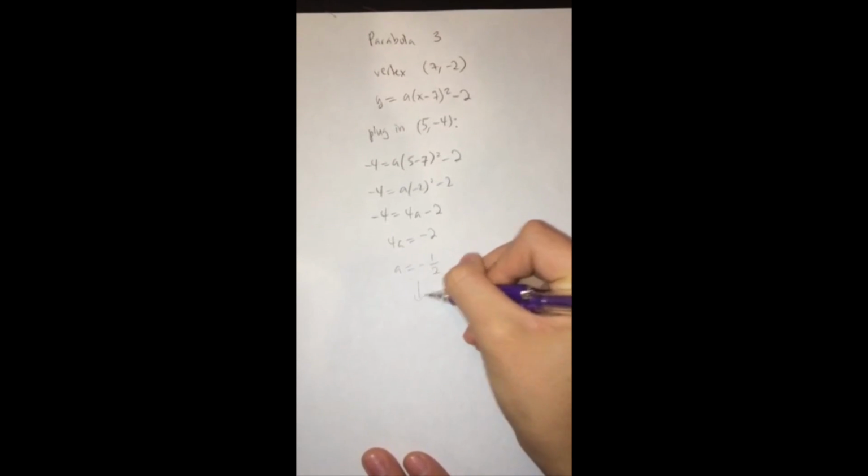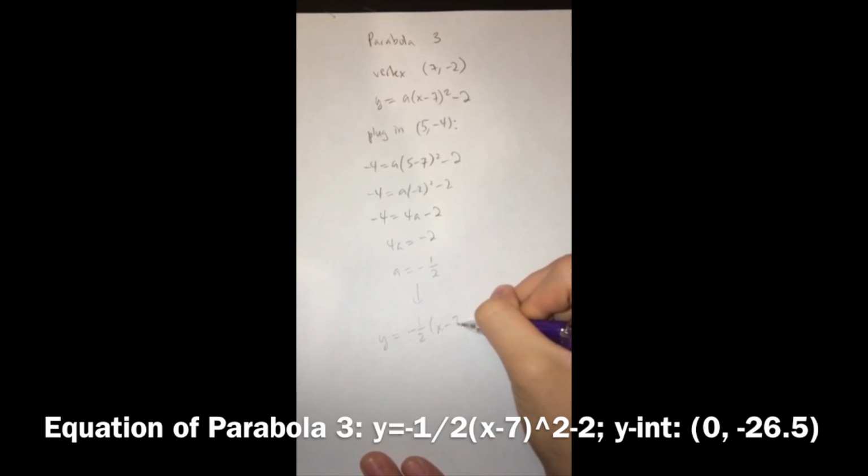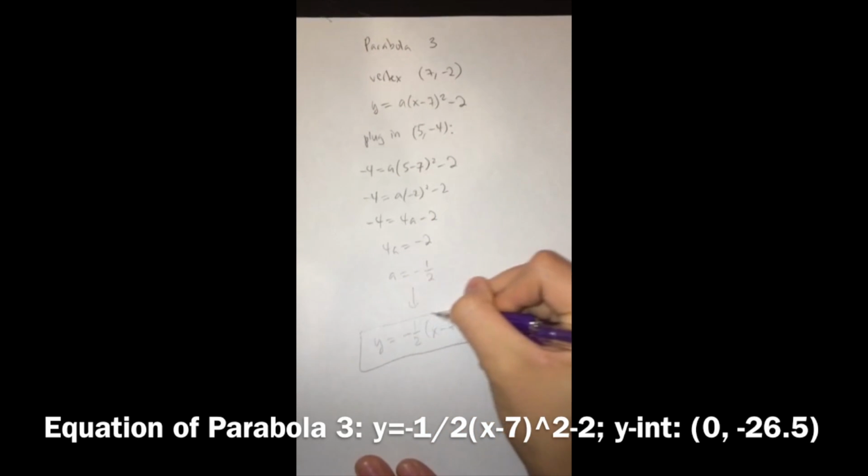A was equal to negative 1/2, and the final equation was y equals negative 1/2 times x minus 7 squared minus 2.